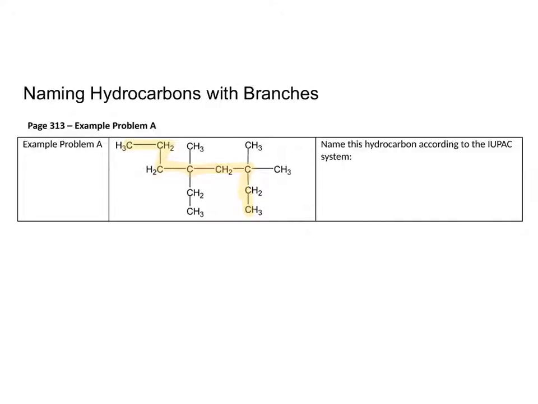And so the chain does not necessarily have to be straight, but it does have to be the longest continuous chain. In this case, I know that it's an alkane because there's all single bonds. I see some branches here: there's a branch here, here, here, and here. Each of these is 1 carbon long, so it's a methyl branch, and I have 3 of them, and then I have a 2 carbon long branch, and that's an ethyl branch.